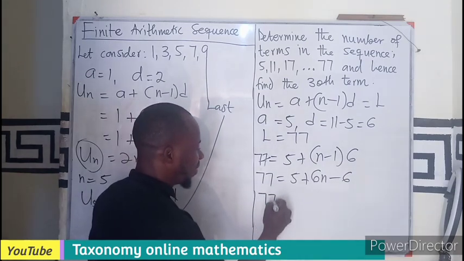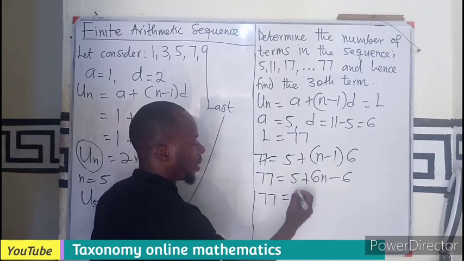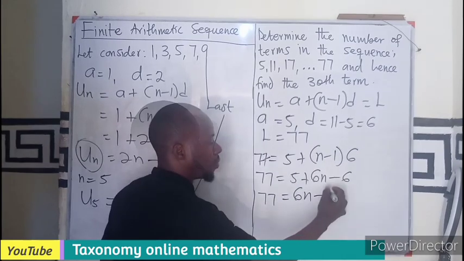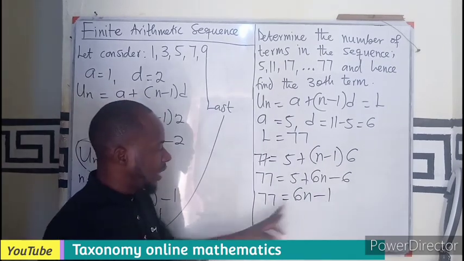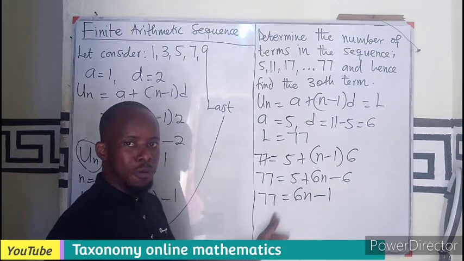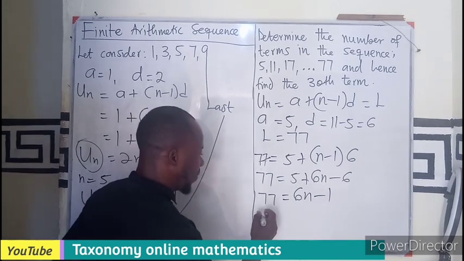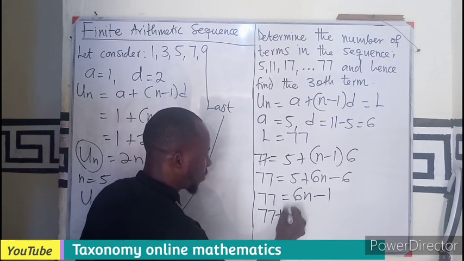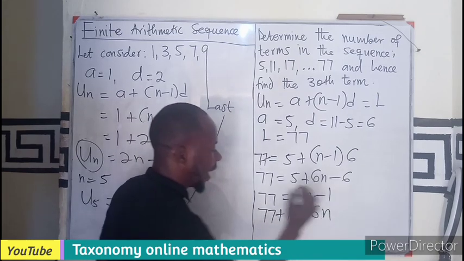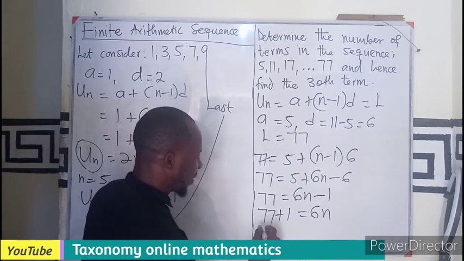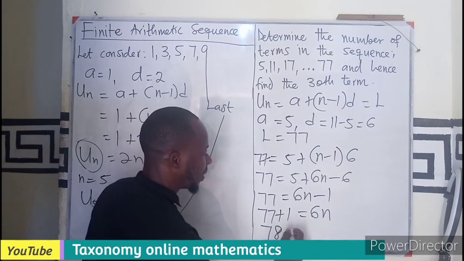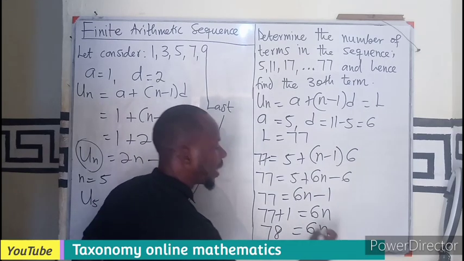So 77 is equal to 6n − 1. So I think I can add 1 to both sides. If you add 1 to both sides, you'll be having 77 + 1 = 6n. And this gives us 78 = 6n.